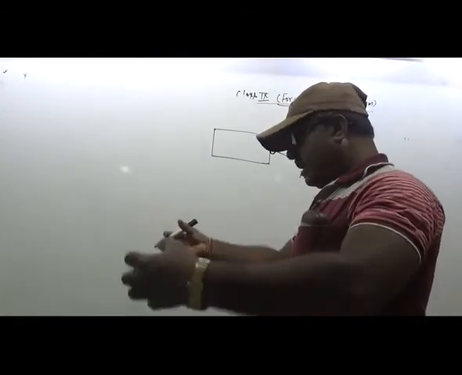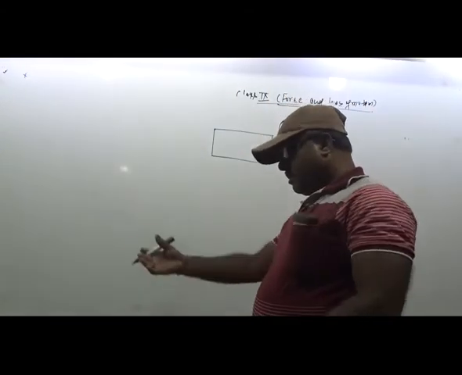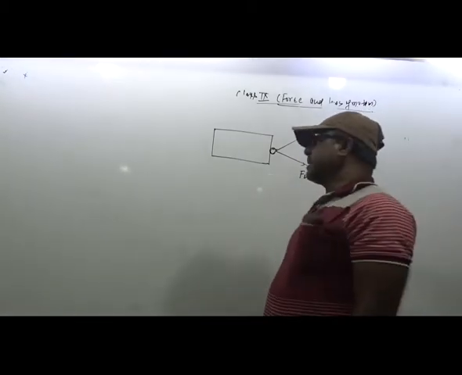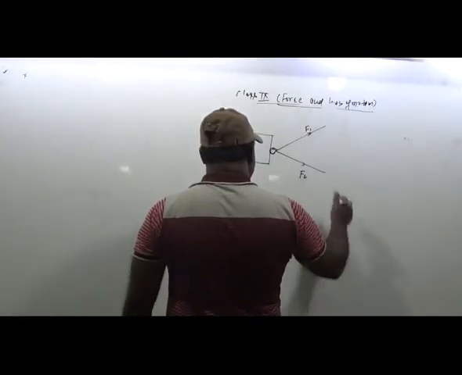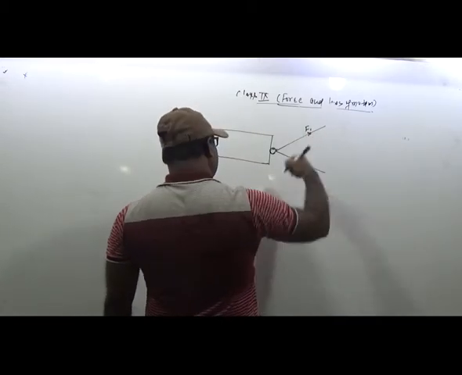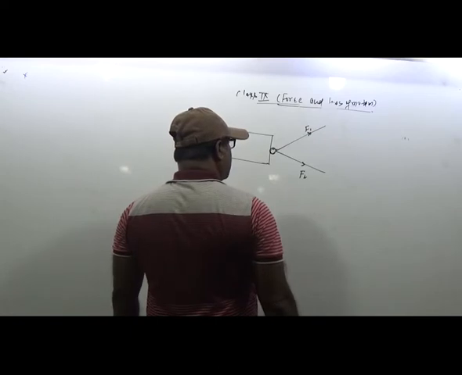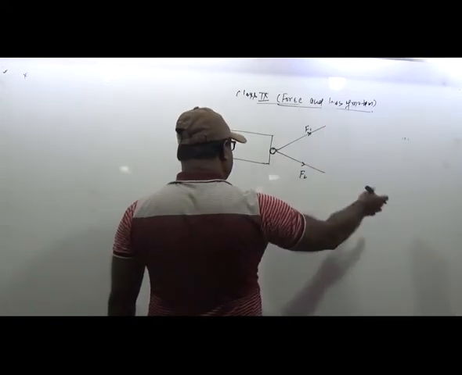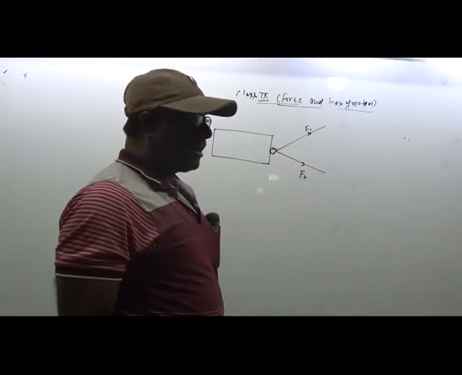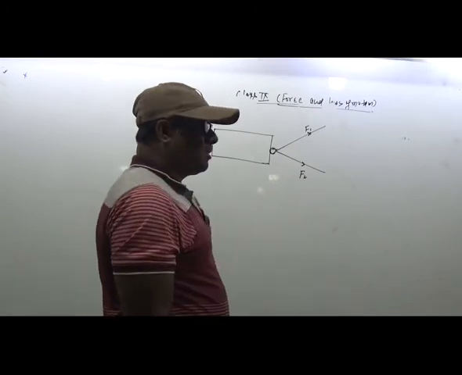A big bag or a big box, see, one person is pulling it like this. Now tell me in which direction the object will go. See here, this is the force which is acting like this. But can you guess in which direction the object will go?